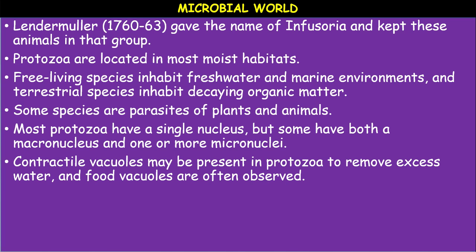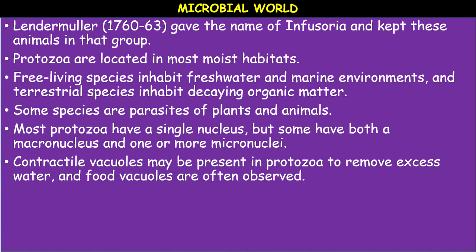And a contractile vacuole may be present in the protozoa. Actually this contractile vacuole is present in freshwater protozoans. Why? Because of the osmotic difference, due to which excess water enters into the body. To remove that excess of water, contractile vacuole is developed.